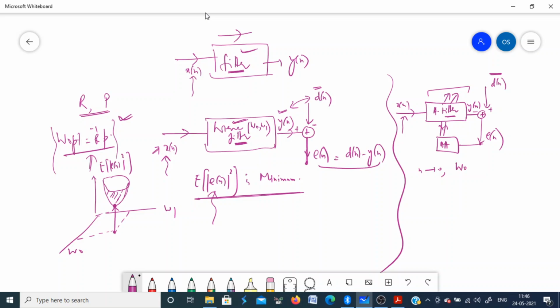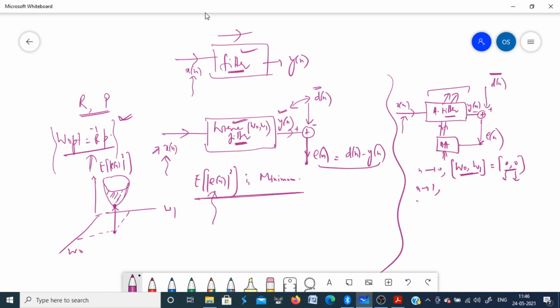Suppose you have two filter coefficients, you set W0 and W1, this vector, to a vector of zeros. Then at n equal to 1, you compute some error, and based on that error, there is an algorithm here which will change these weights. So W0 and W1 will change from their original value 0 to something else depending upon this algorithm.